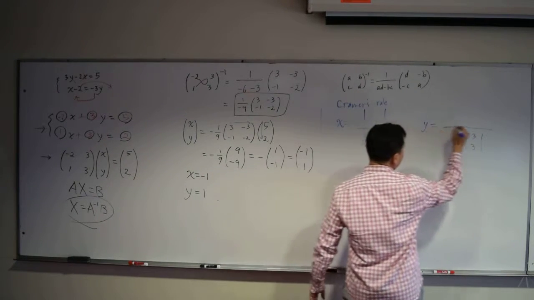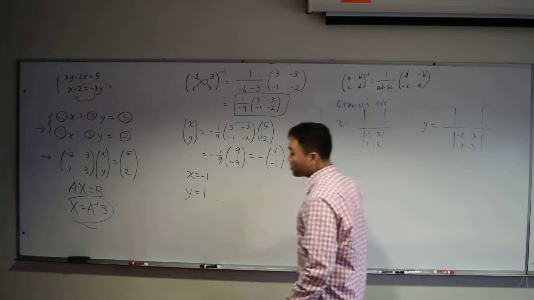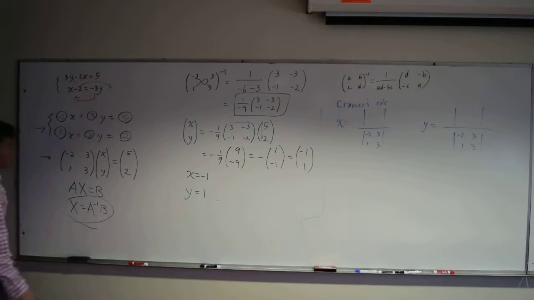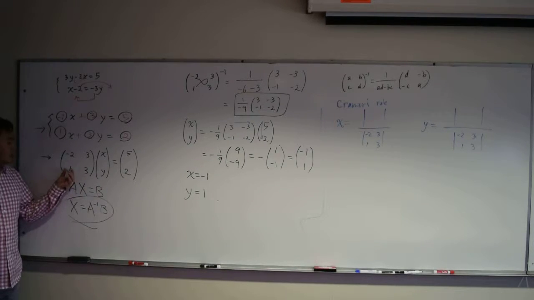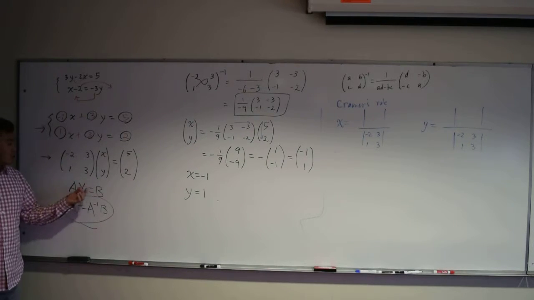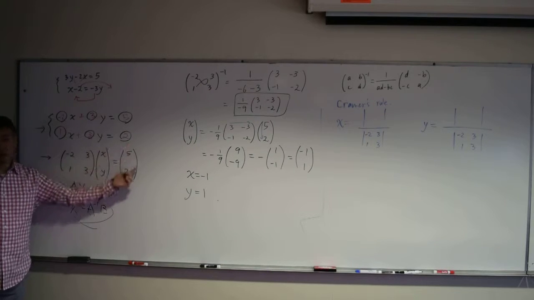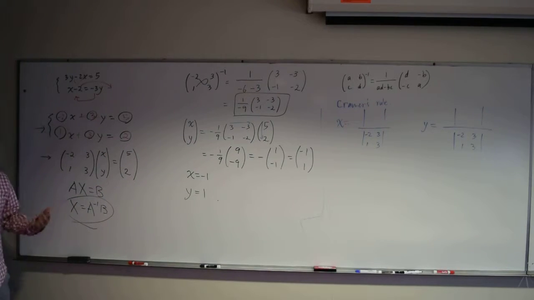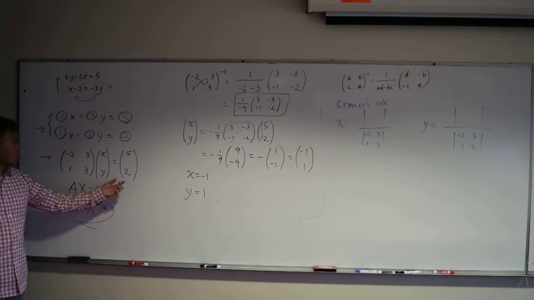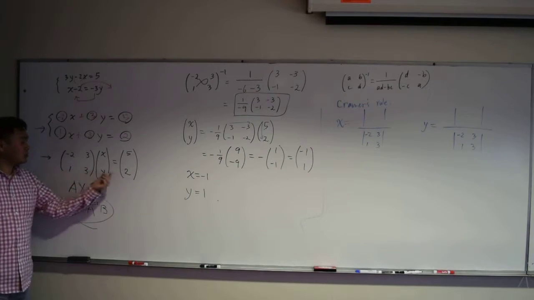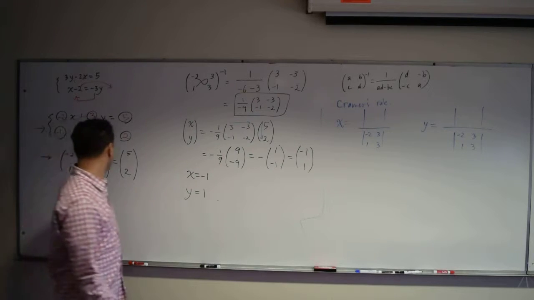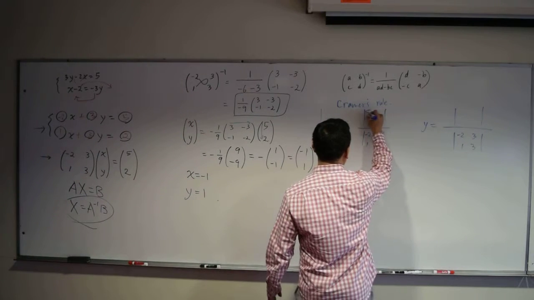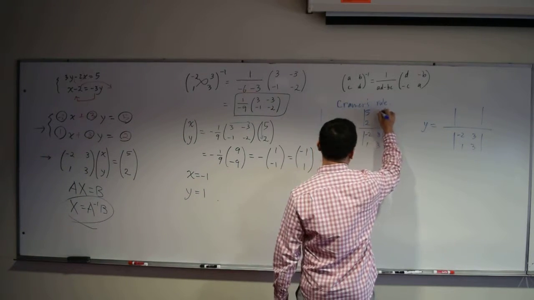And then the numerators are obtained by taking the coefficient matrix and switching out the columns by the column of constants. That's what Cramer's rule says, right? So this first column, if you replace it by 5, 2, you would get 5, 2, 3, 3.